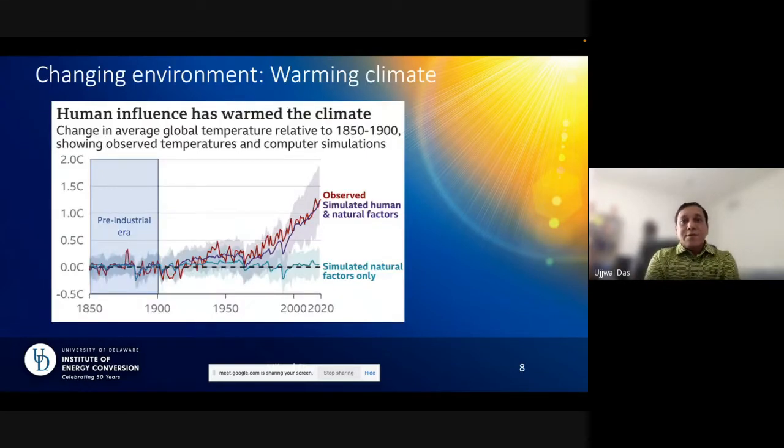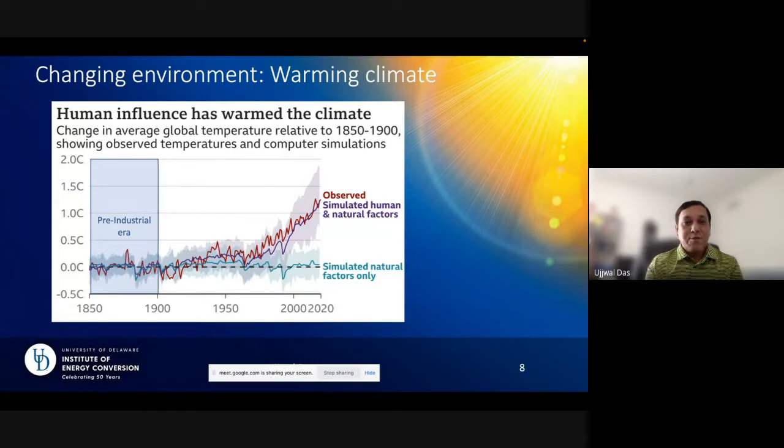So let me first talk about changing the environment. If we do human development or societal development, does it really change the environment? The graph here is showing a plot of the warming climate. The climate temperature is increasing over the past 200 years or so.